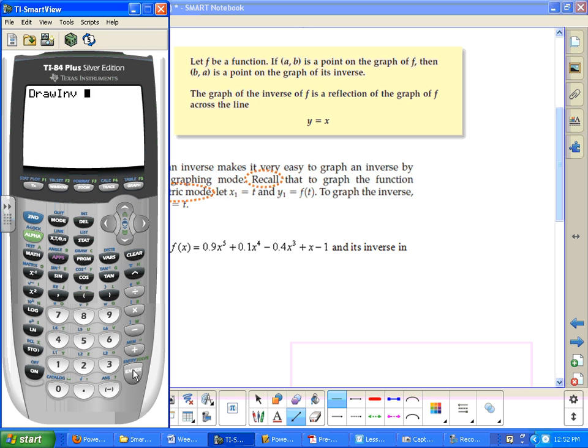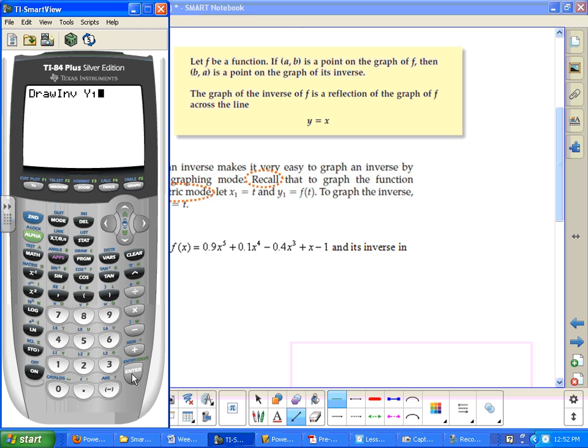So if you hit enter, and then we're doing the inverse of y1, right? We have to put in which function it is we're doing the inverse of. So if you go to alpha trace, all of your y's are there.